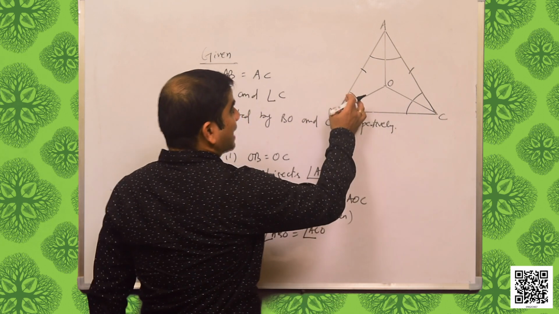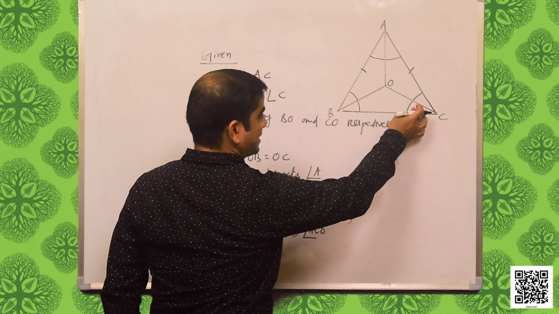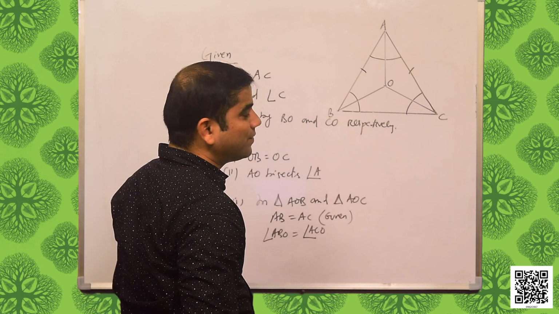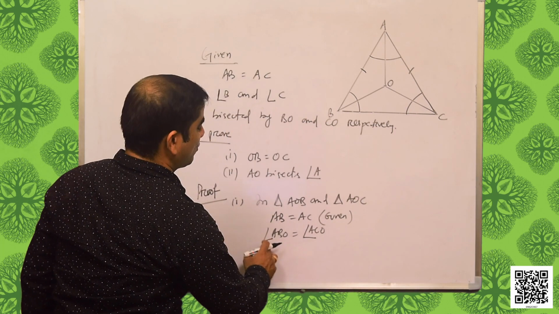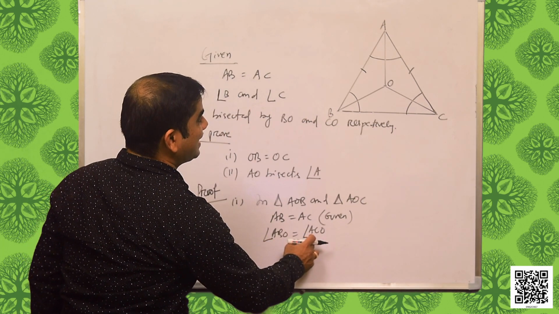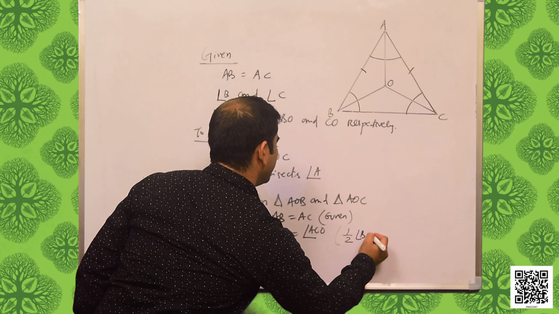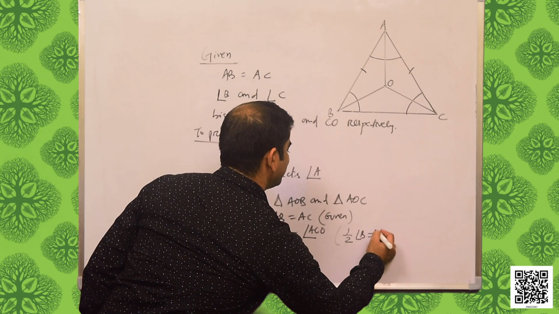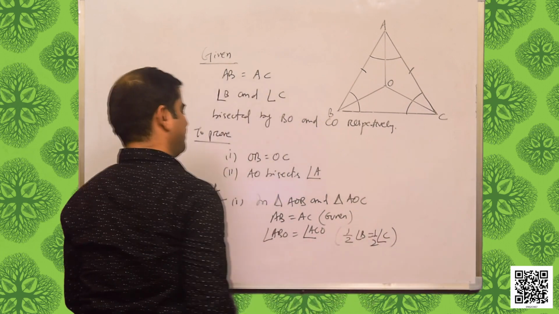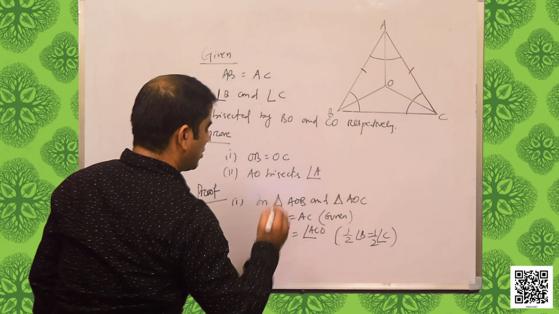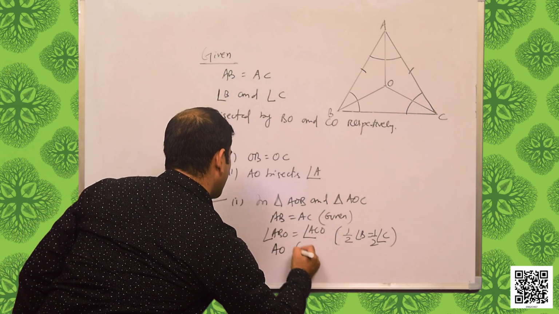That means as angle B is equal to angle C, half of angle B is equal to half of angle C. So, angle ABO is equal to angle ACO. Fine. AO is your common side.